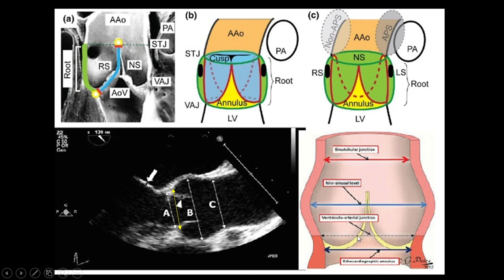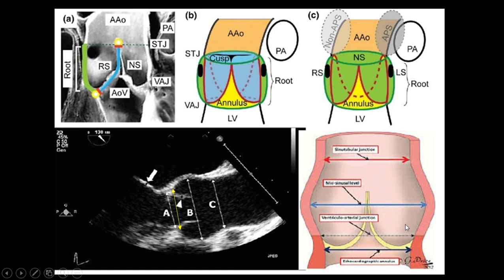Then we measure 2 other diameters. These 2 other diameters we call the annulus diameter. That is a little different. As we know, the lower part of the aortic cusp that connects to the aortic wall, we call the hinge. This is the hinge of the aortic valve, the lowest part that is connected to the aortic wall.